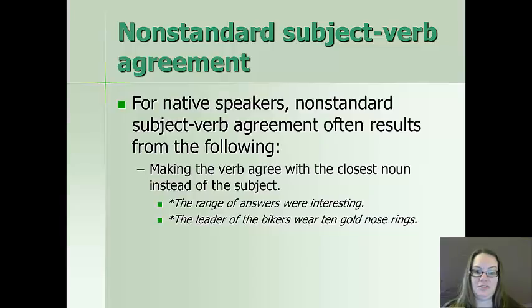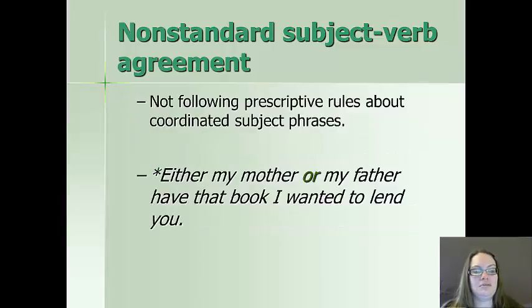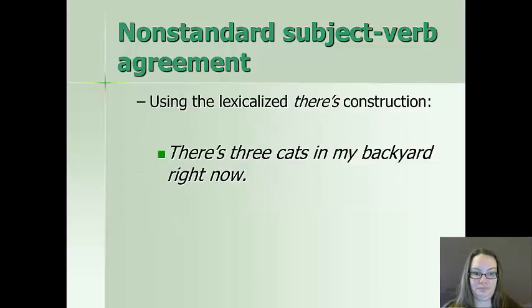Here are two examples. The range of answers were interesting. The leader of bikers wear 10 gold nose rings. We also sometimes make mistakes when we don't follow the prescriptive rules about coordinated subject phrases. So in this example of a mistake, either my mother or my father have that book I wanted to lend you.